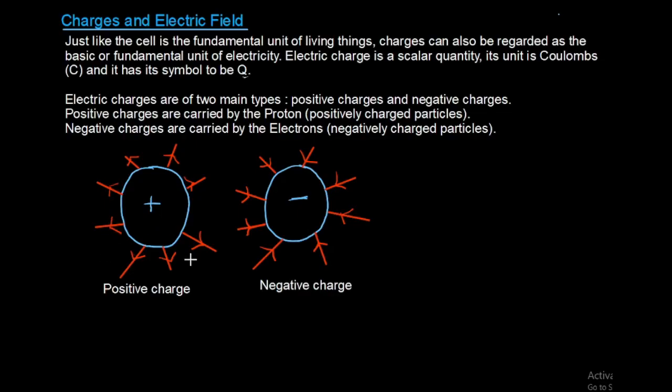The lines of forces are pointing outwards in different directions. The field around a negative charge is radially inwards. You can see it coming from different directions, and the arrows are pointing inwards.